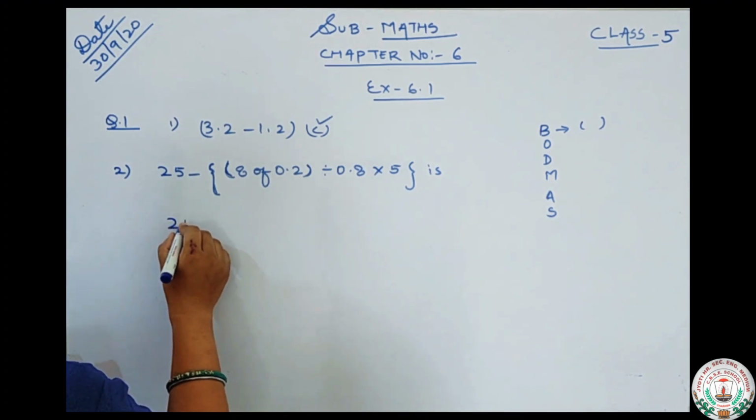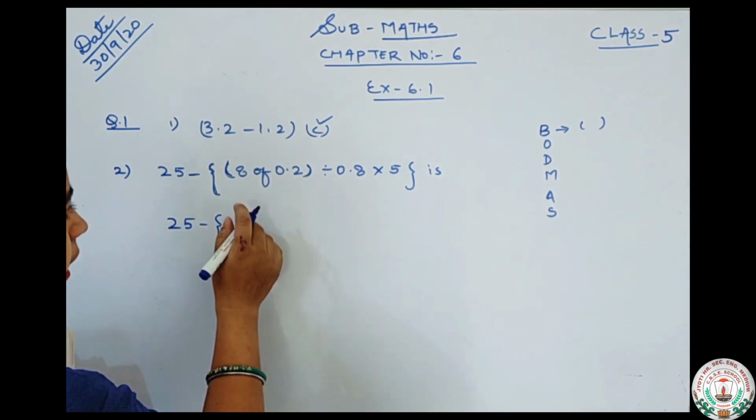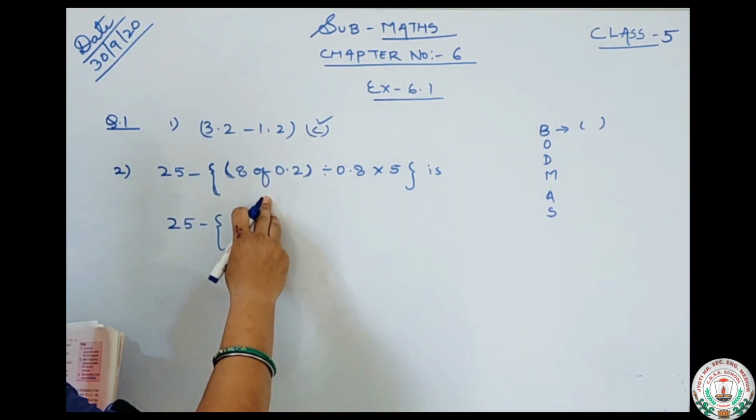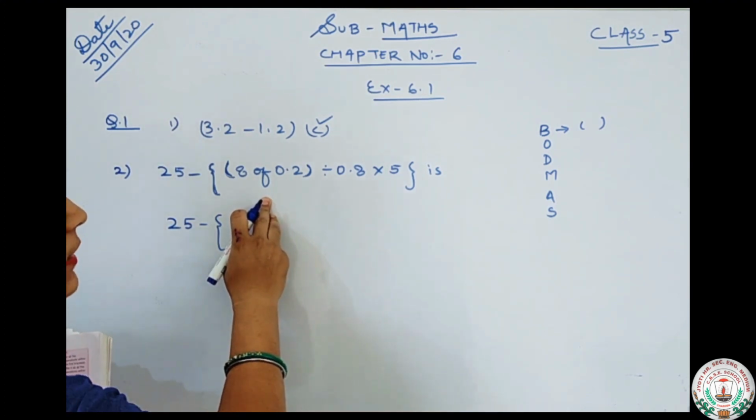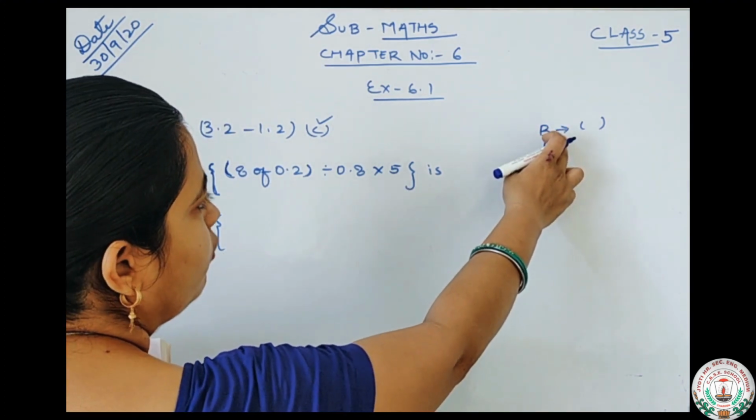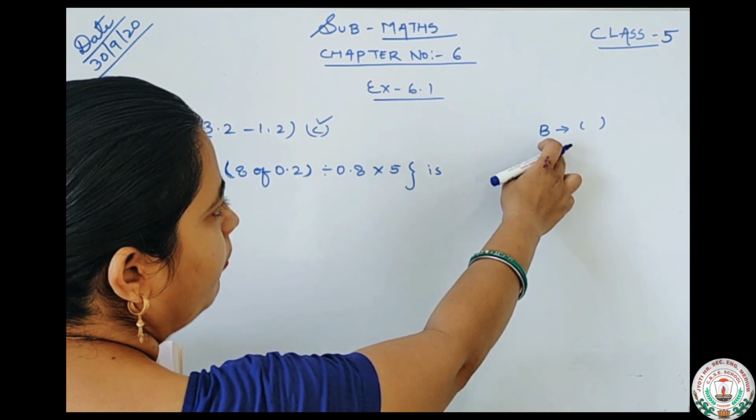25 minus, write as it is. In the place of "of" you will put the multiply sign. After the bracket opening we have to do the operation.